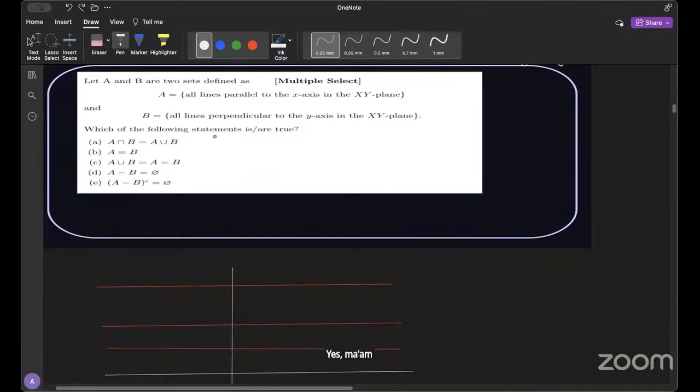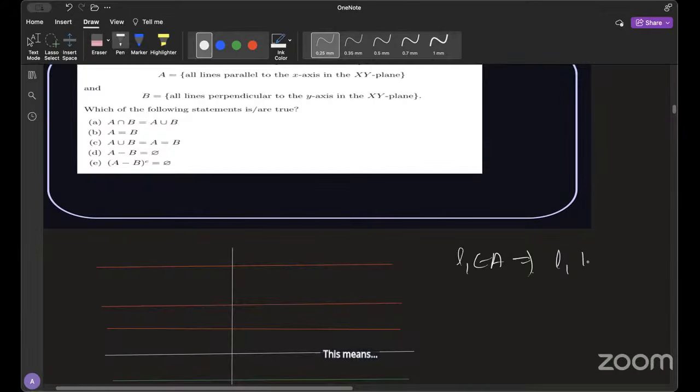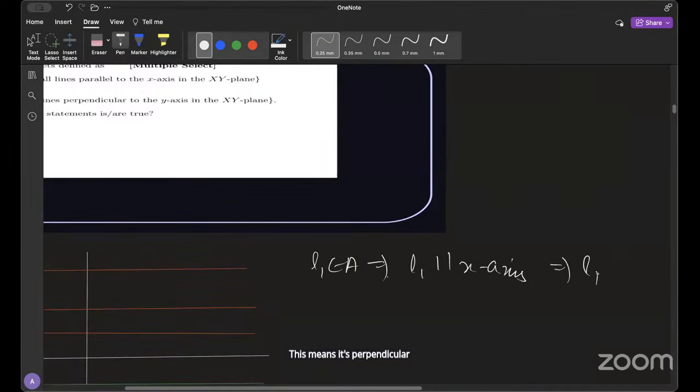Yes, ma'am. So that means every line that is in A is parallel to the x-axis. That means, let's say your line L belongs to A. This means your line is parallel to the x-axis. This means it's perpendicular to the y-axis because the x-axis is perpendicular to the y-axis.